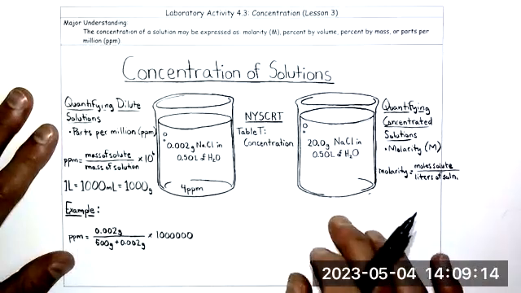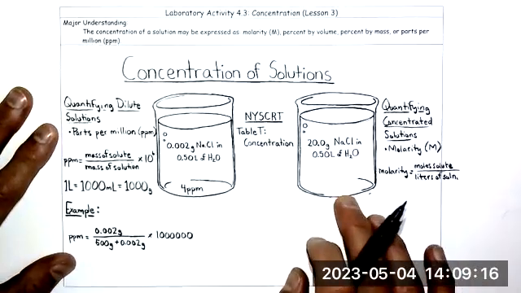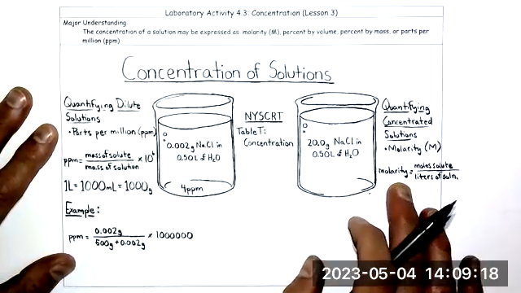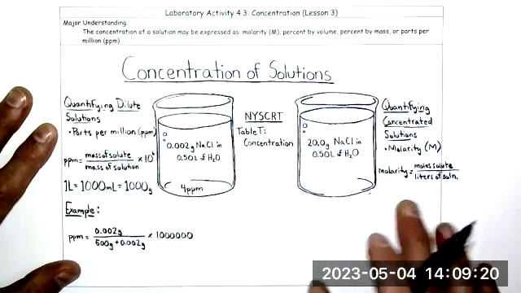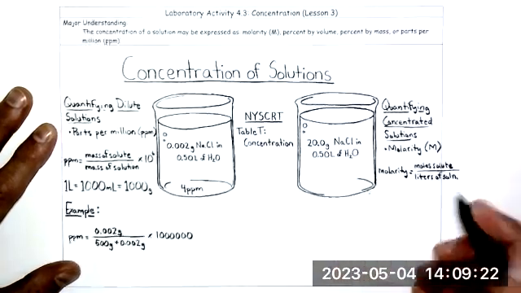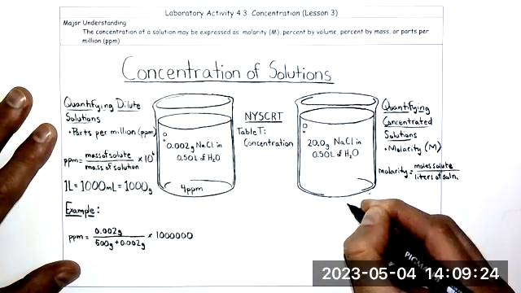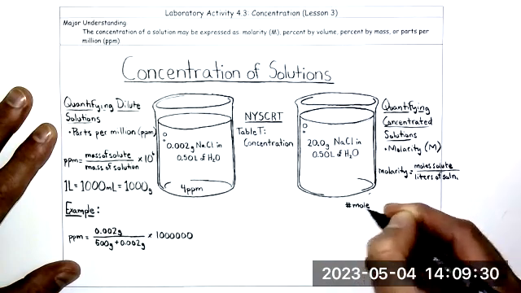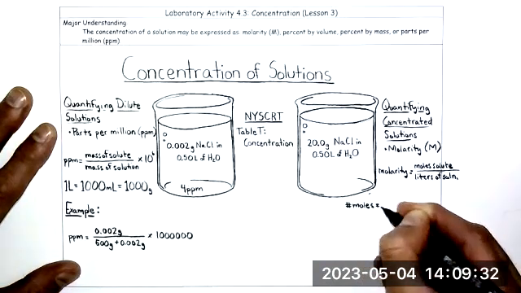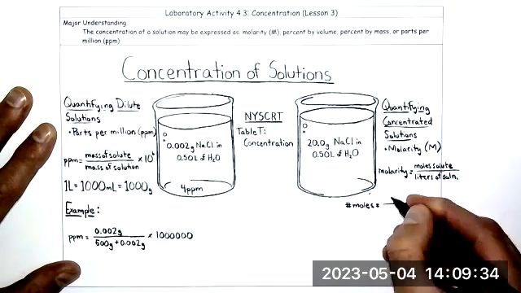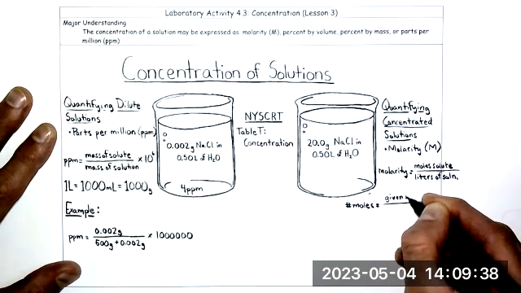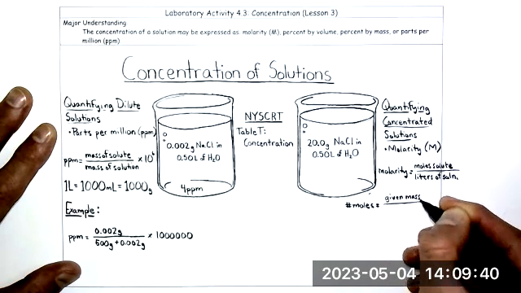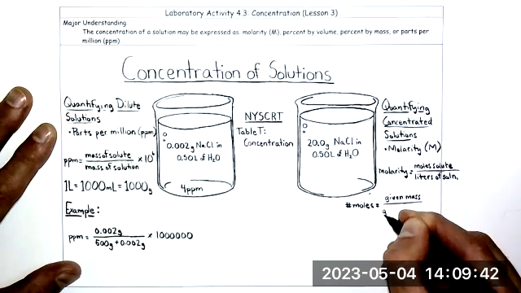One quick aside for our molarity equation is that we sometimes need to convert mass into moles for this calculation. So we have to remember our mole calculation equation from earlier in the year: number of moles equals given mass over our gram formula mass.